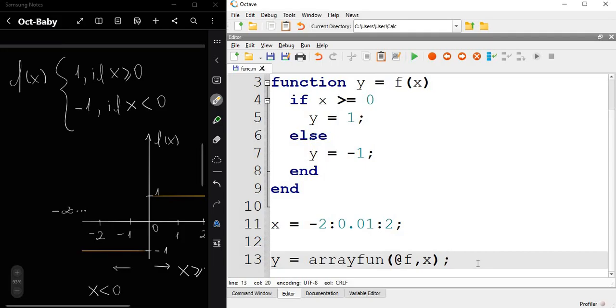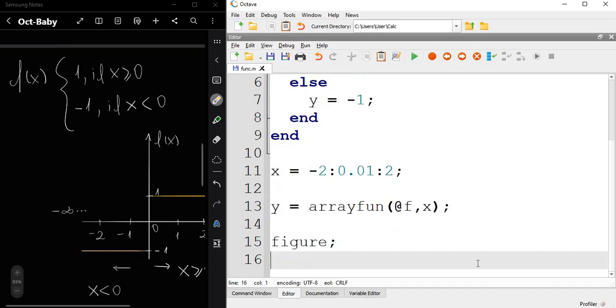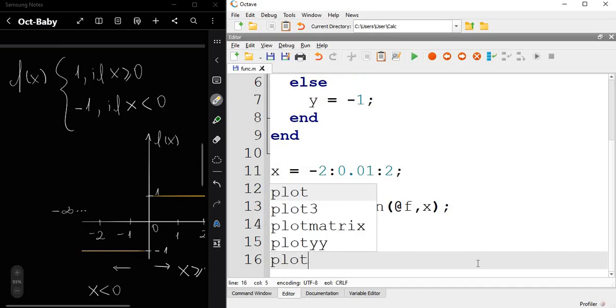This is the algorithm part. Now the graphic part, because we wanted to plot, so figure, and we ask to plot the function.